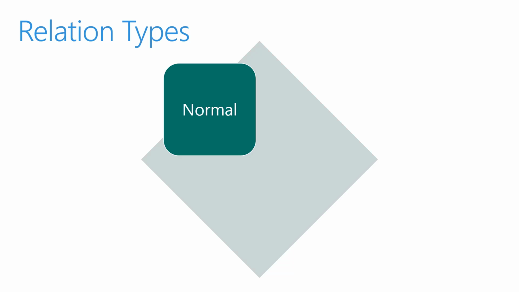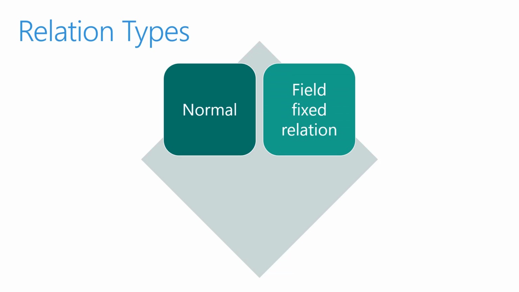We also have a field fixed relation. This is a relation that is used to specify field restrictions on a table. It is usually used in conjunction with other relation types, which are ultimately ANDed together. It's important to note that the field property will need to select the field in the current table which needs to be restricted.